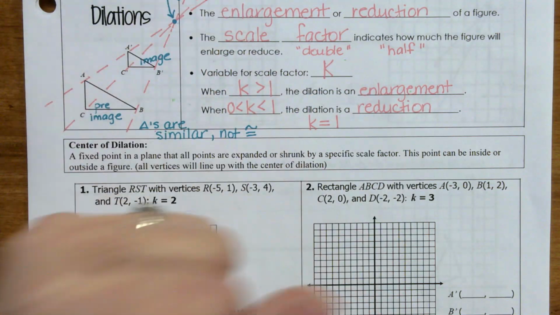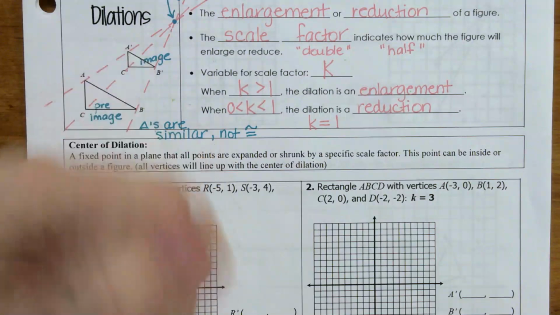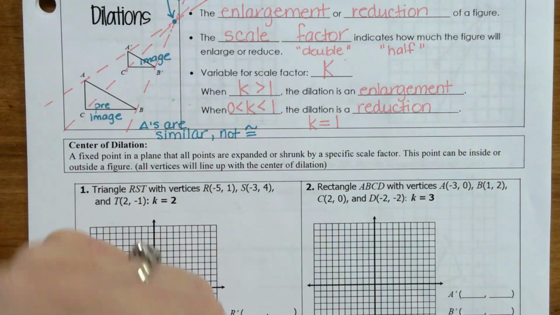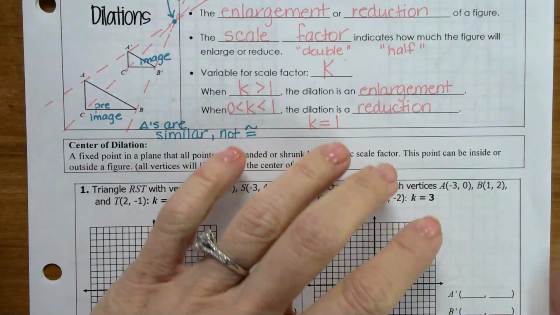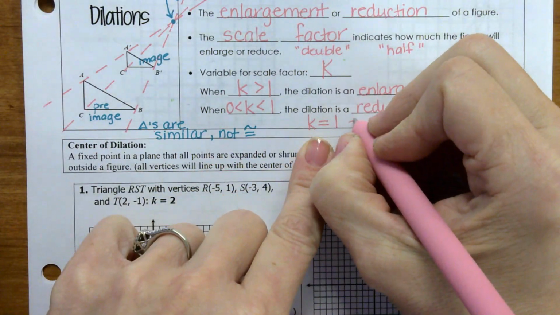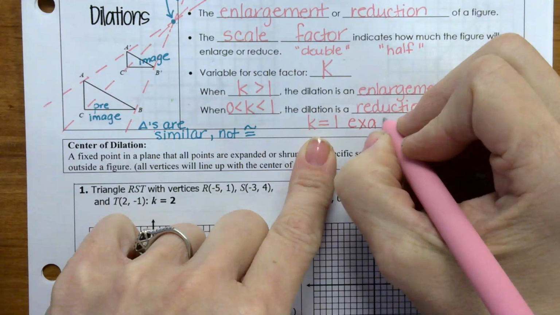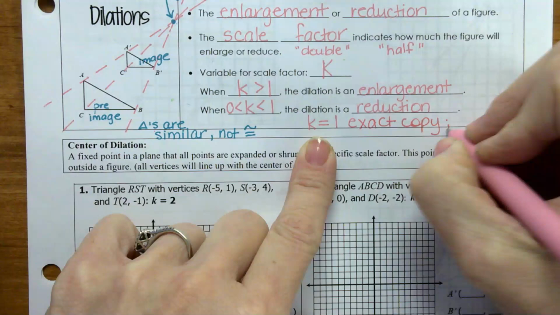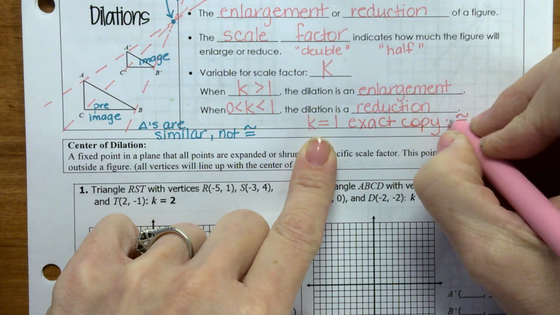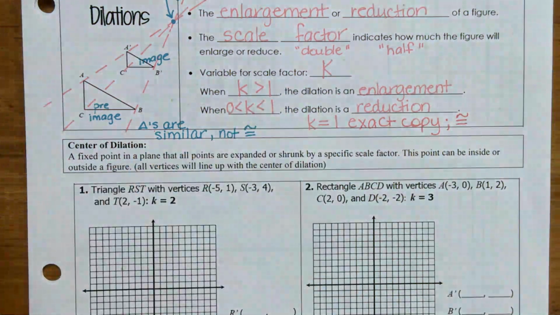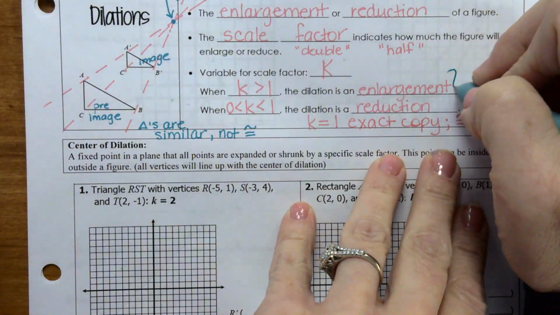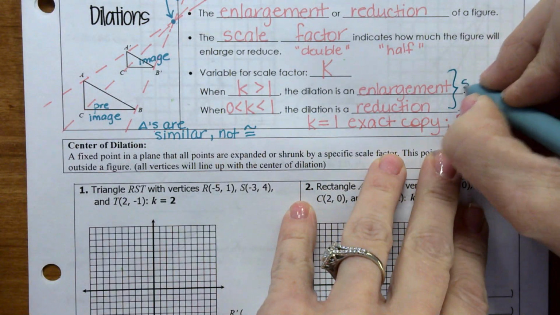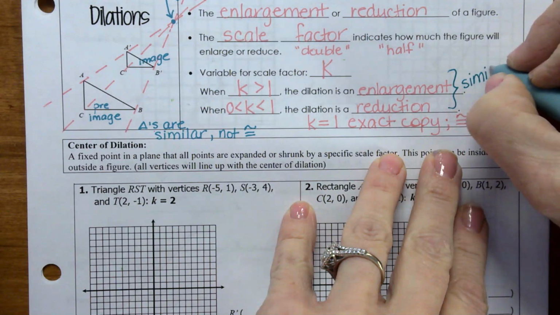Are they the same size? It's because I went to the copier. I didn't shrink it or enlarge it. I just copied it, right? So K equals 1 is an exact copy. In other words, it would be congruent. Okay? An enlargement or reduction creates similar figures.